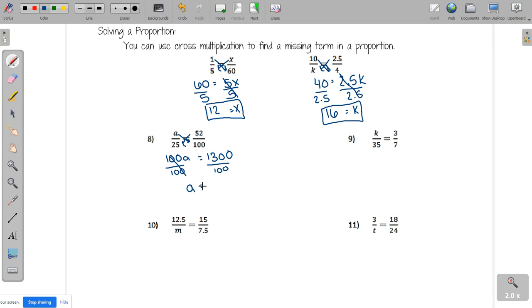So A equals 13. Let's try the next one. Cross multiply. K times 7, 7k. 3 times 35 is 105. Divide both sides by 7. Cancels. Gives us k equal to 15.